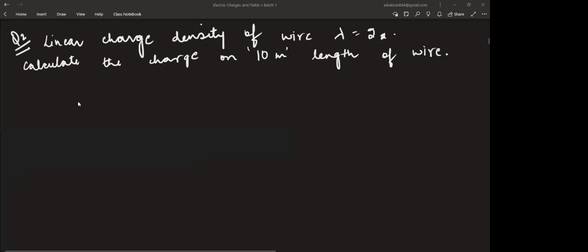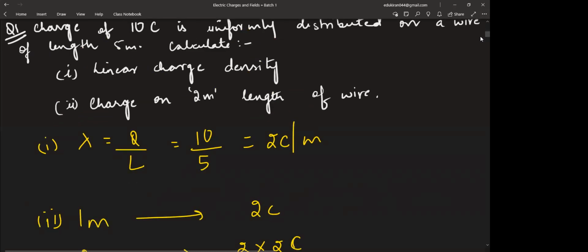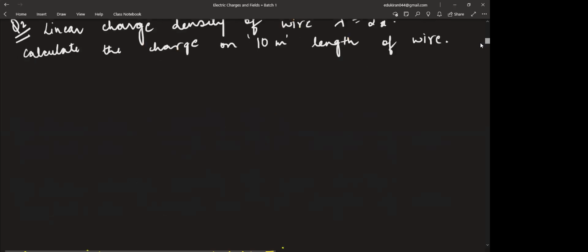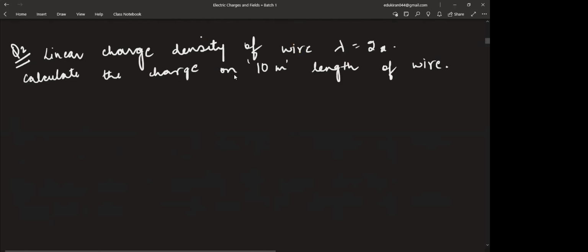See, this says that linear charge density of a wire, lambda, is 2x. Now see, this is variable. If it was constant, we would have used the normal division, but here it is variable. So for variable, you will perform differentiation. Lambda is dq over dx. But what do we require?